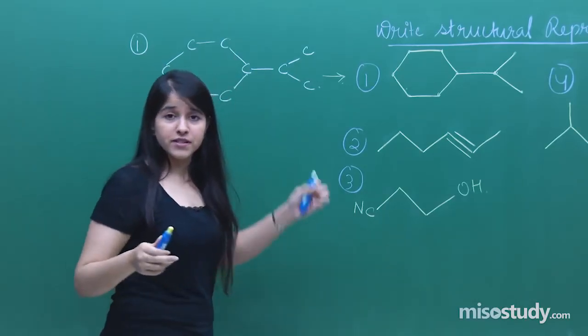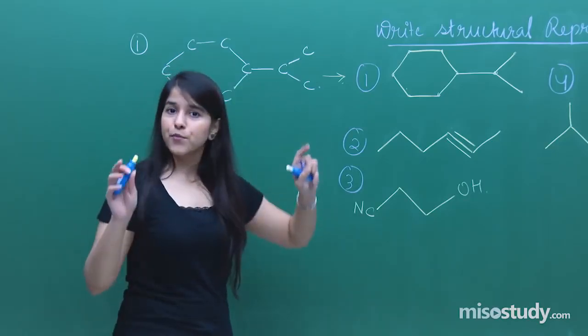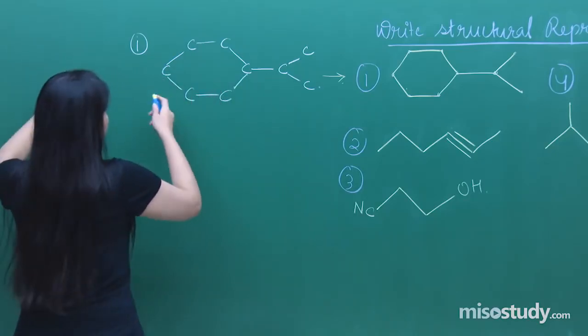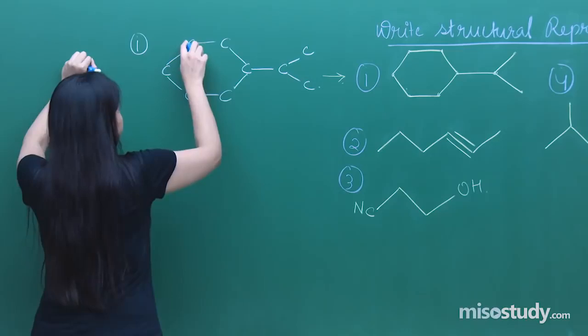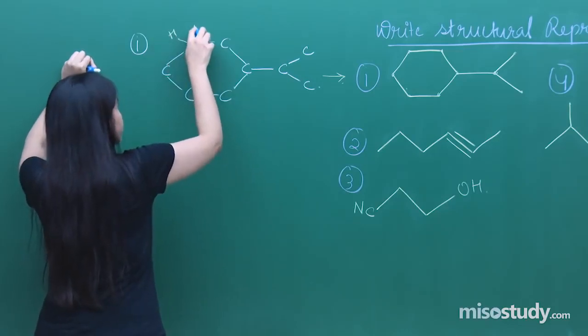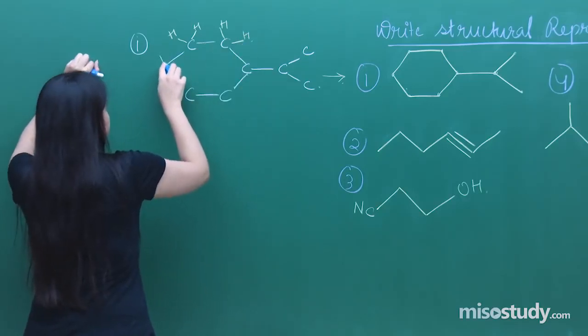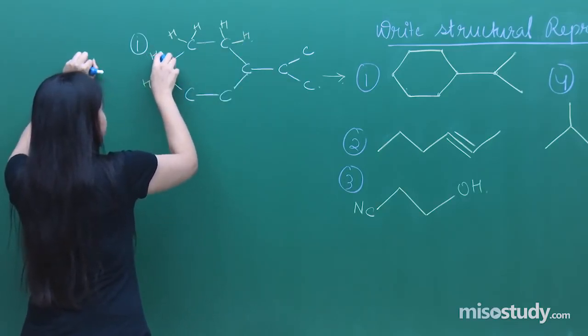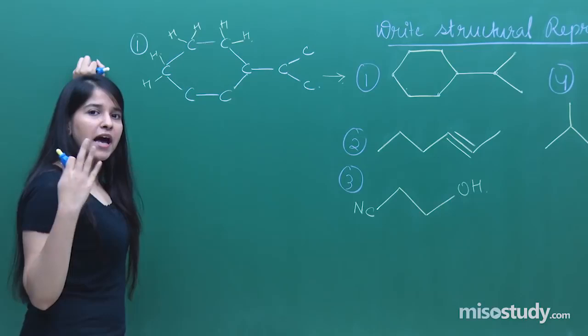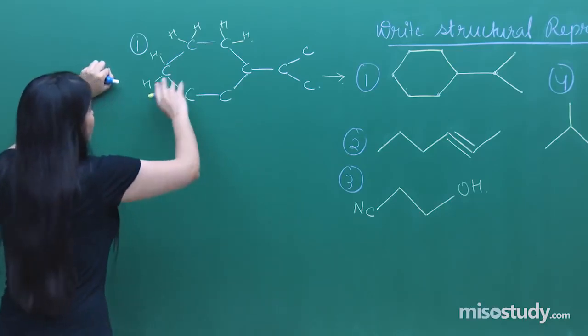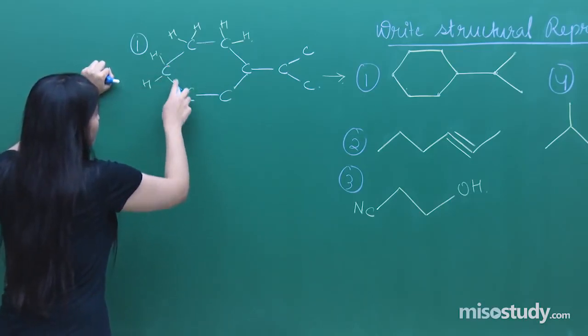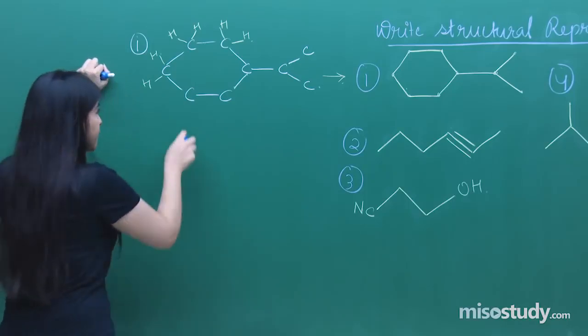Now I need to assign the proper valencies, the proper hydrogens attached. So 1, 2, that means I need to attach 2 more. Again I need to attach 2 more here as well. Always remember that carbon is tetravalent, it will be having 4 bonds. So 4 bonds would be 1, 2, 3, 4. That is how you do it.